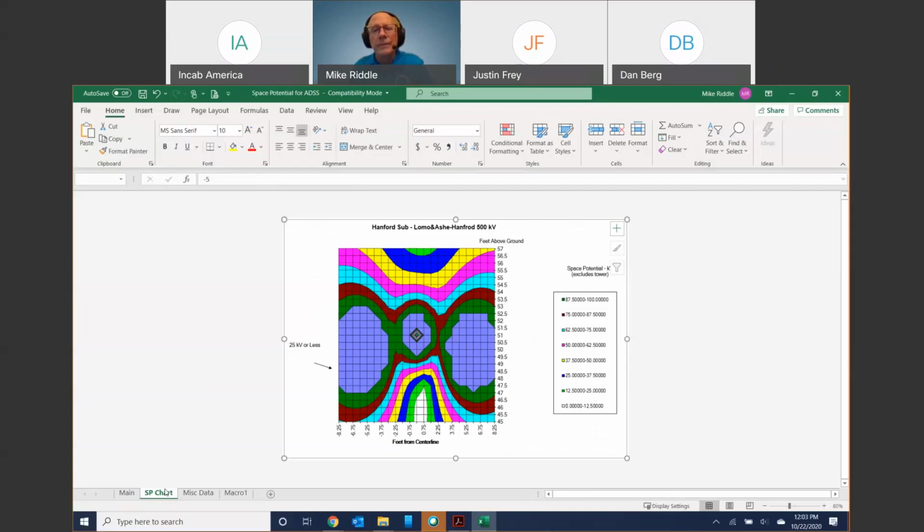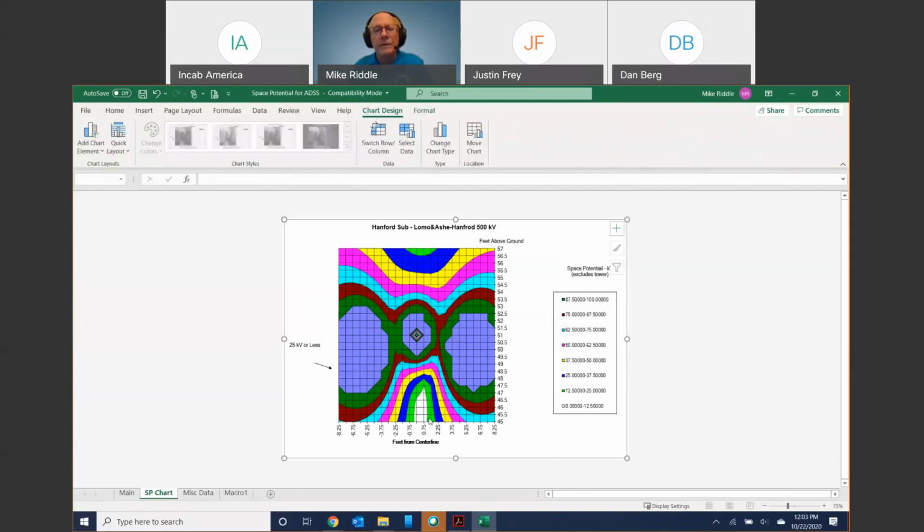The color code, basically any above green is bad, and that's because I did not set this up correctly.